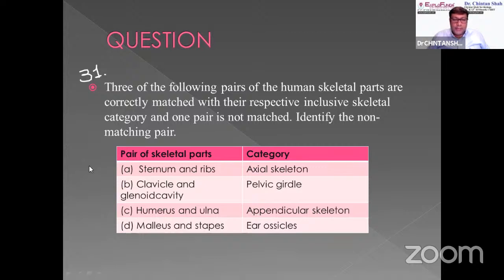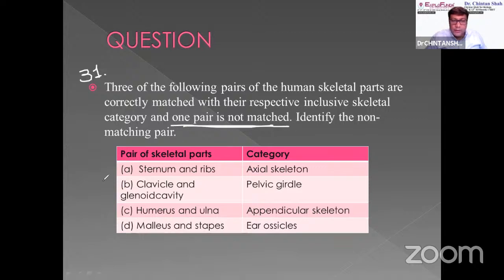Sternum in ribs or axial skeletal system? Hmm. Humerus. Okay, 31 answer. Heath is telling me one pair is not matched.